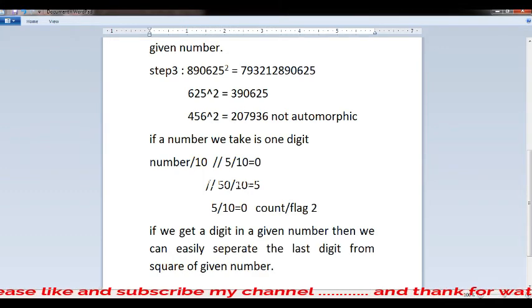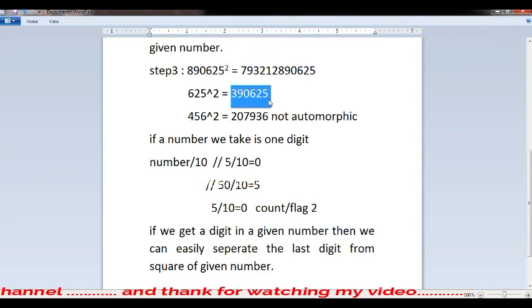So here our primary goal is to find the number of digits, because we need it to separate these digits from the square of the number.